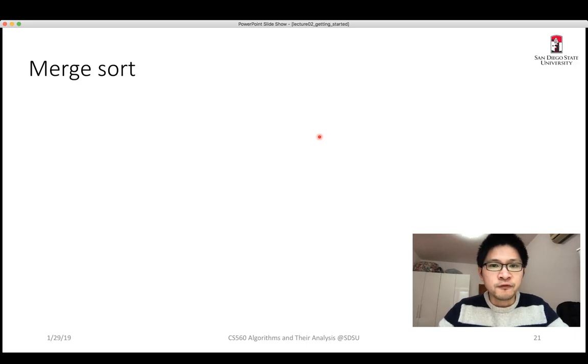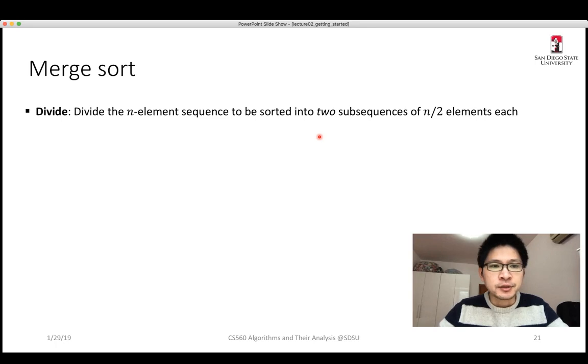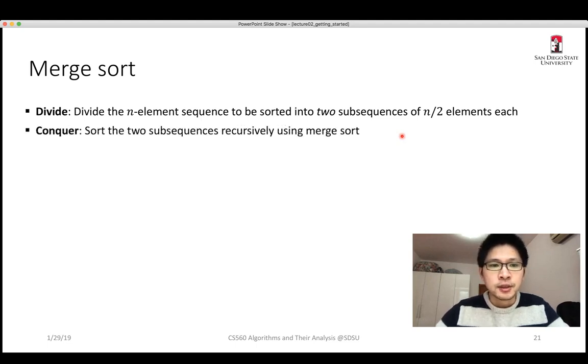In the language of the 3 steps of divide and conquer, the first step is to divide the n element sequence to be sorted into 2 subsequences of n over 2 elements each. We divide the input sequence in half. The second step is to conquer. We sort the 2 subsequences recursively using the merge sort procedure. So this is a recursive call of the merge sort function itself.